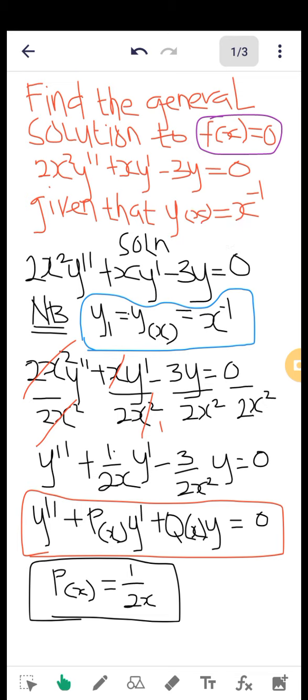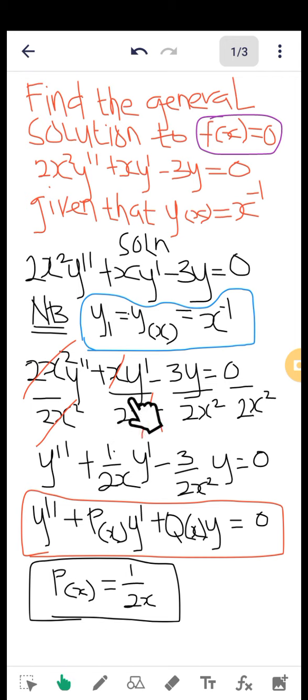So we try to write my differential equation to suit this form: y prime prime plus p of x y prime plus k of x y equals 0. I'll make sure that the coefficient of y prime prime is 1. So what will I do to make the coefficient of y prime prime 1?